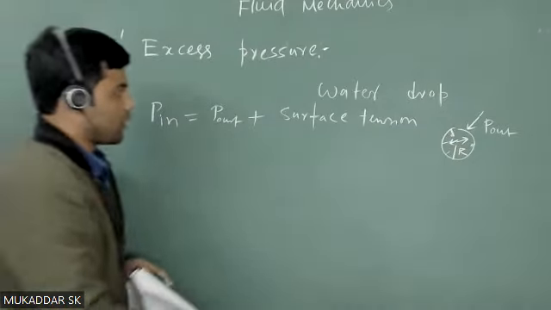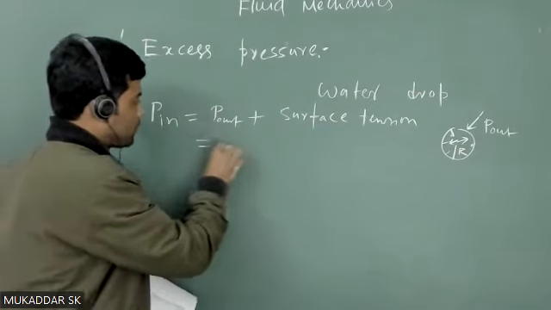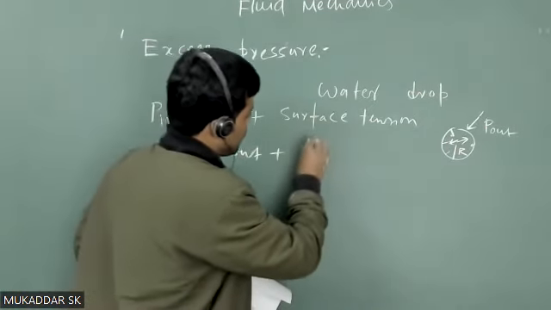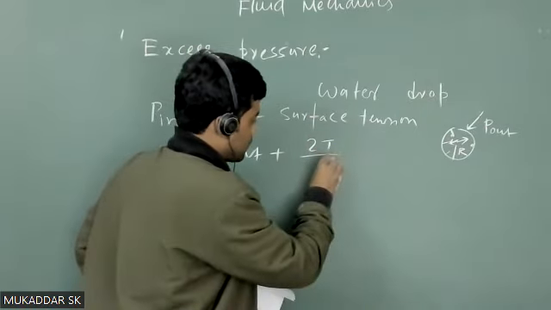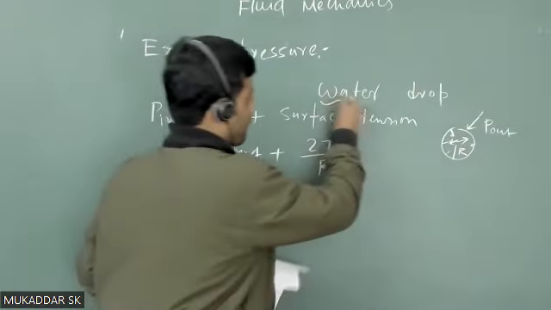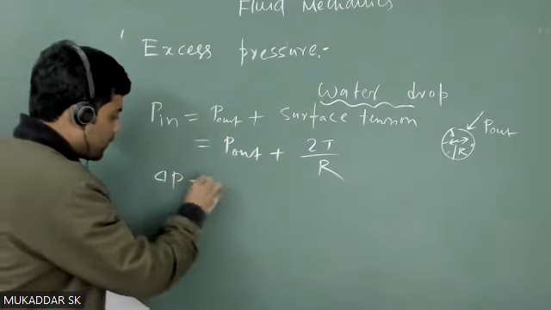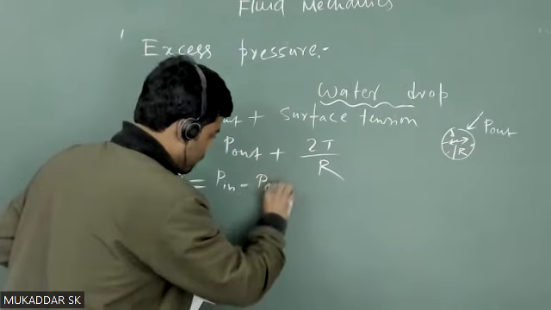So since you have a water drop, what will the surface tension pressure of this water drop be? That will be 2T divided by R, where T is the surface tension. So excess pressure is defined as delta P, that is nothing but P in minus P out.